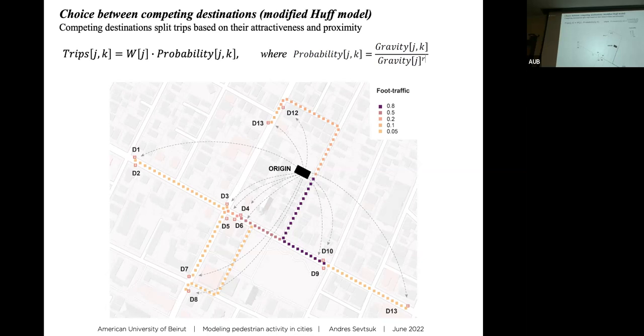So in this instance, I'm showing one origin, which is a residential building, and 13 different bus stops around it. We calculate the accessibility of each of the bus stops, which is in itself a factor of attractiveness and travel cost. It's a ratio of the two. And based on those accessibility indices, we assign a probability, which is a ratio of a particular destination's accessibility, gravity accessibility in this case, divided by the sum of accessibilities of all the destinations.